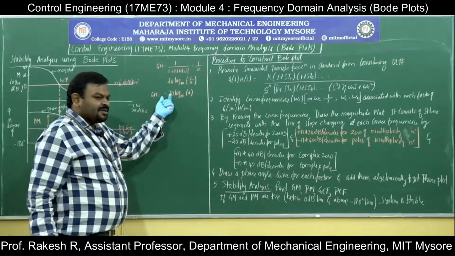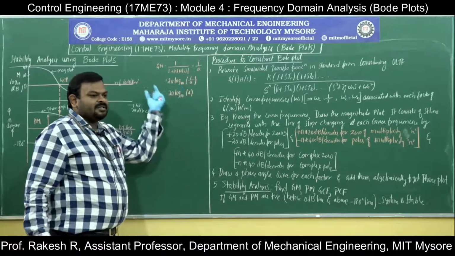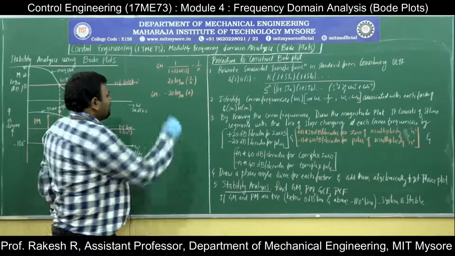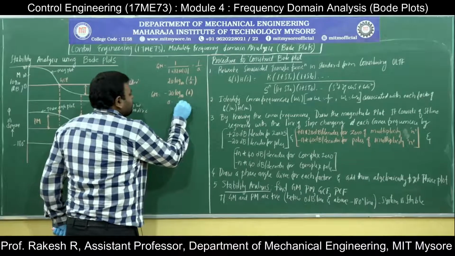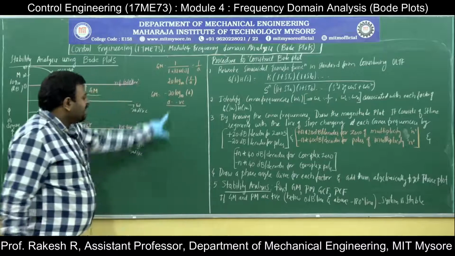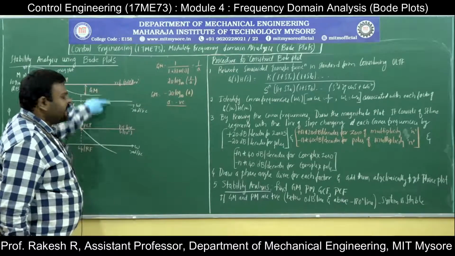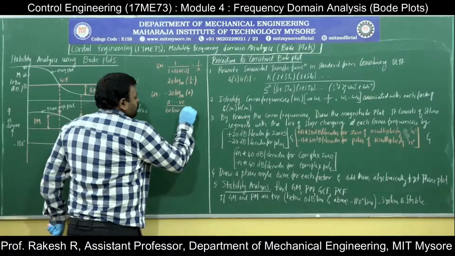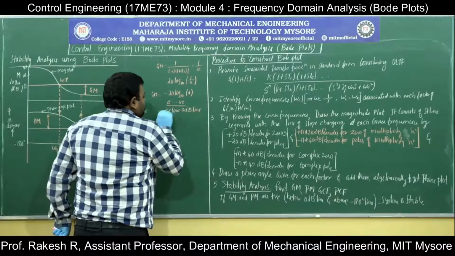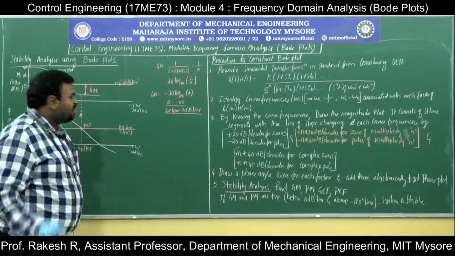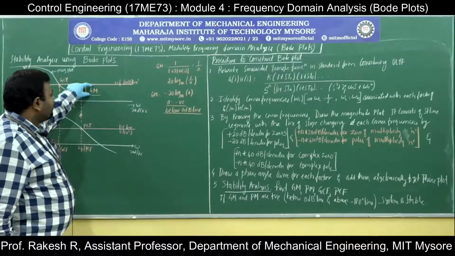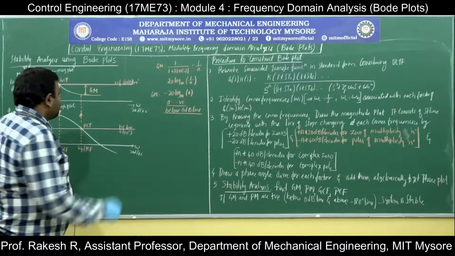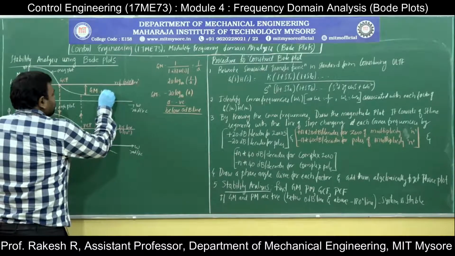Already there is a minus, so the log of a negative term will make this term positive. So A should compulsorily be negative. A negative means it should be below the 0 decibel line. So since it is below the 0 decibel line, you will get a positive gain margin.